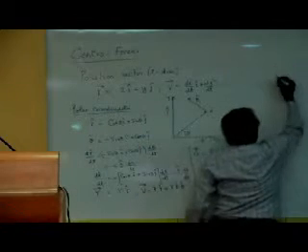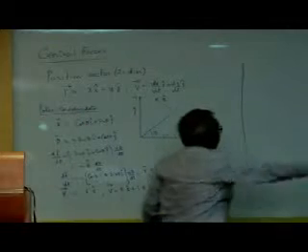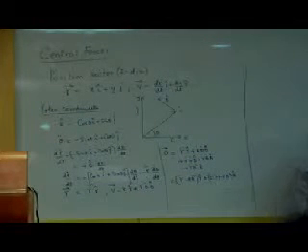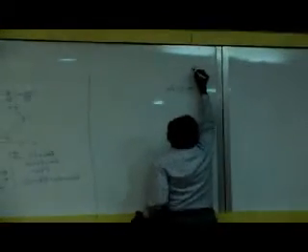Now I am ready to write my central force expression. I will assume that I have a particle of mass M here, and this is fixed, and I have another mass m attracted to this by gravitational force. So my force is equal to minus GMm by r squared r cap.